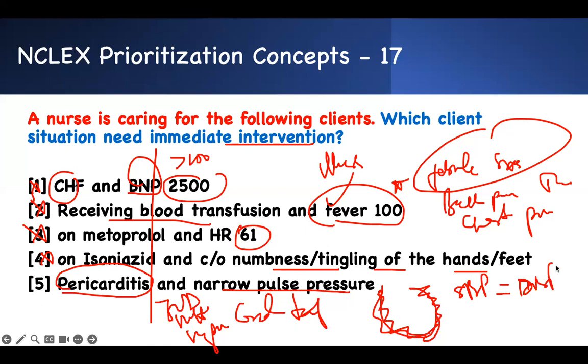Somebody with a blood pressure of 120 over 110, I'm more worried about that patient than somebody whose blood pressure is 90 over 40. There is a pulse pressure here. There's no pulse pressure there. When your diastolic is getting closer to the systolic, it means your heart is not pumping. It cannot pump at all. So this patient is in tamponade. Number 5 is your problem.